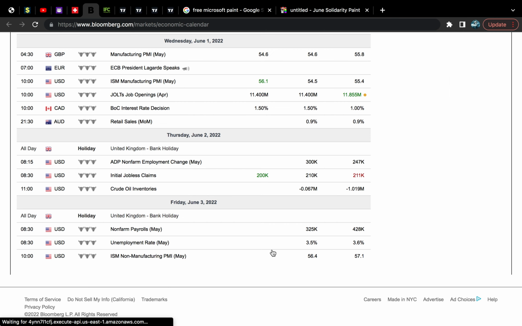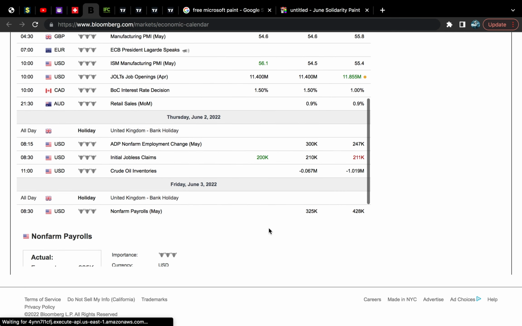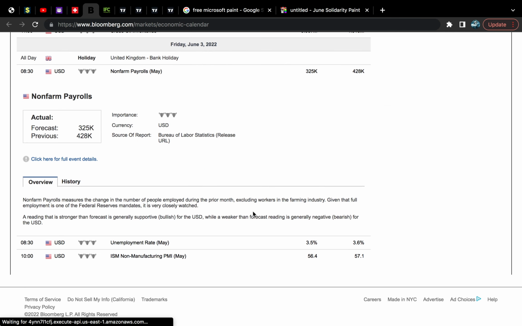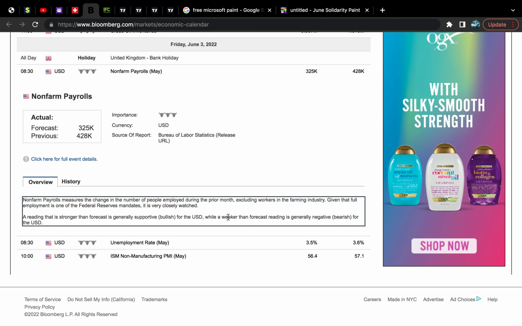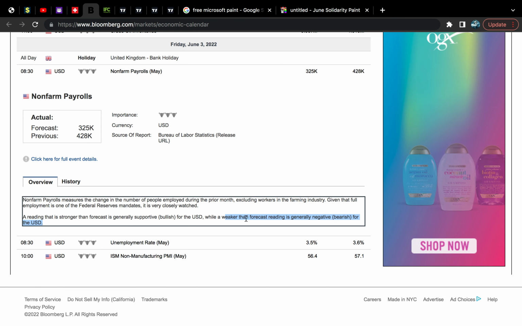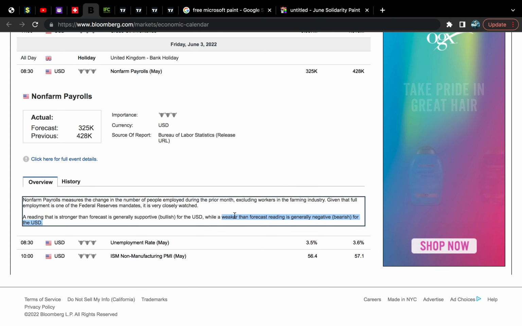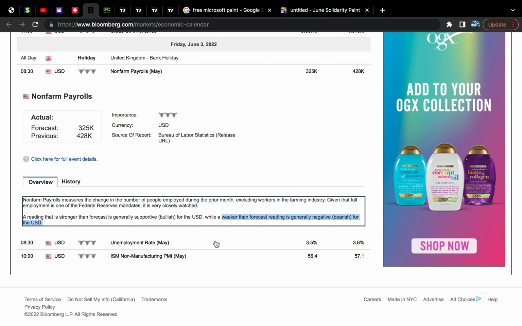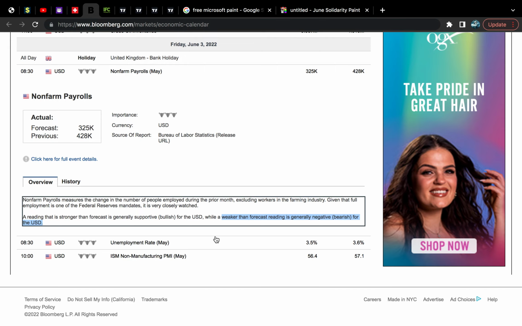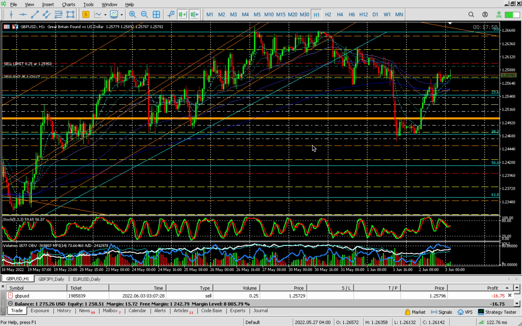So basically, non-farm expectations lower. This is weaker than forecast. It's usually negative or bearish for the USD, which would be bullish for the GBP USD pair.